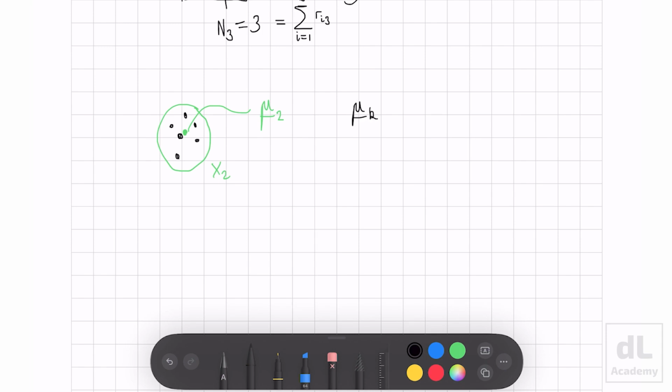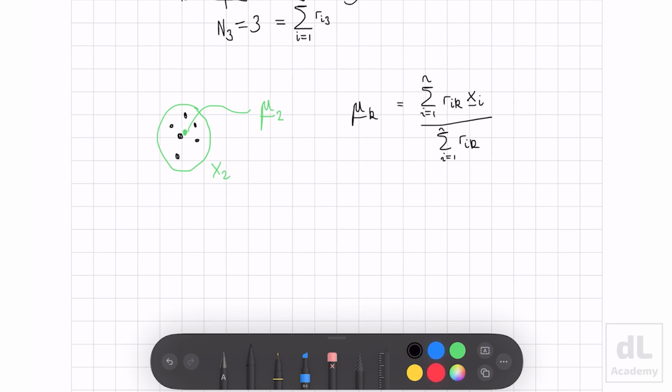So for any cluster k, we sum over all the samples, n, and then we write our flag r_ik times x_i, divided by the sum for i equals 1 to n of r_ik.